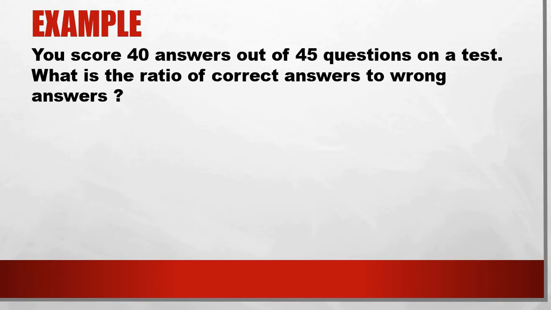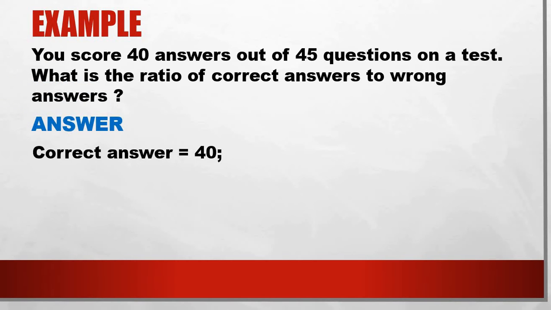Now here we don't know the number of your wrong answers, but we can figure that out. What we know is the correct answers, which is 40. So we can find the wrong answers by subtracting 40 from the total number of questions, which is 45, and that gives us 5.